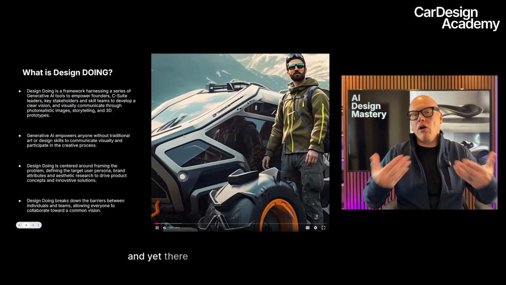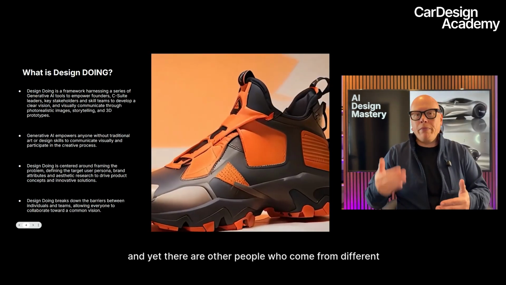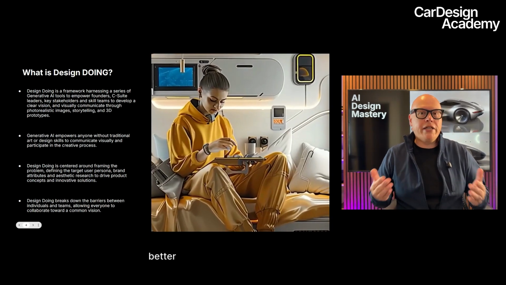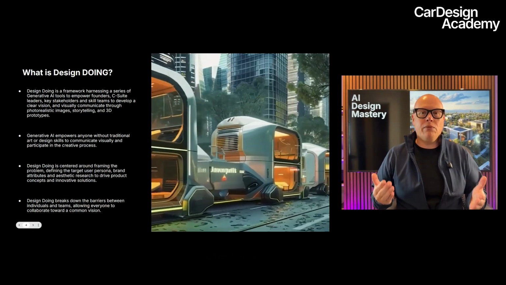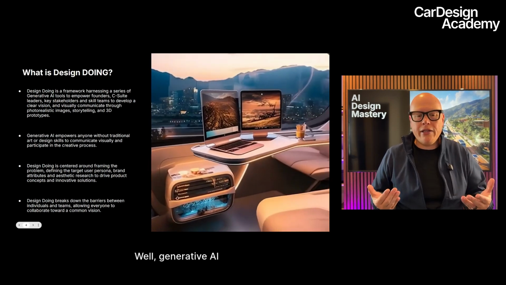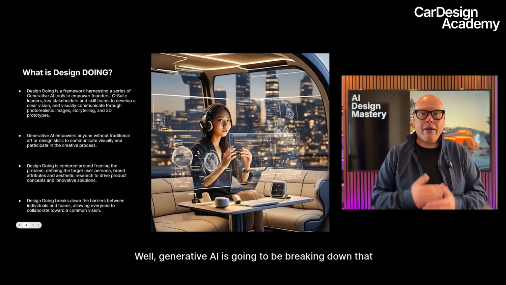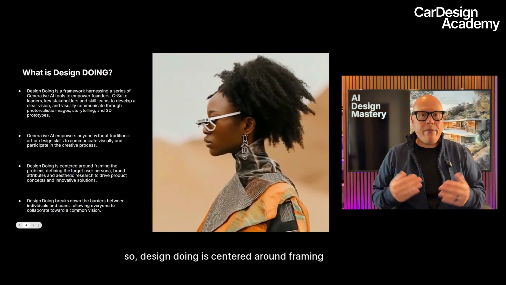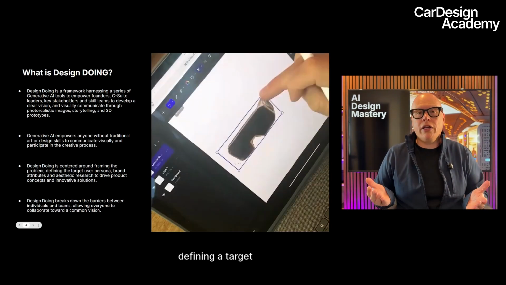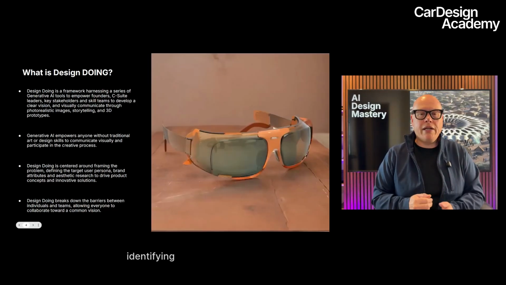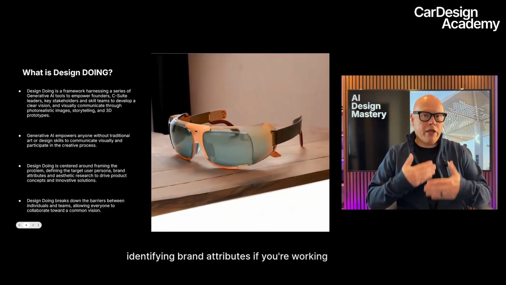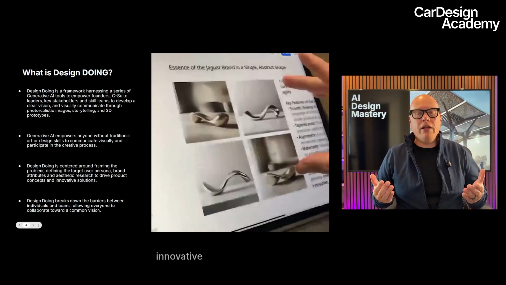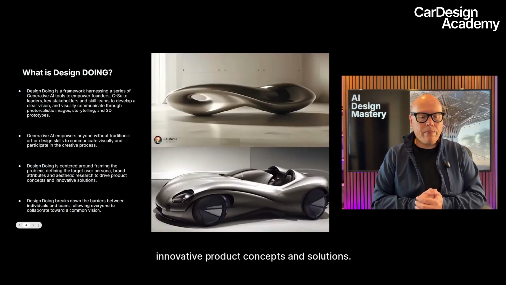And yet there are other people who come from different backgrounds and different disciplines who might actually have better taste, better vision, but lack the skills to communicate visually. Well, generative AI is going to be breaking down that barrier. And so design doing is centered around framing the problem, defining a target user or persona, identifying brand attributes if you're working towards an existing brand, aesthetic research, and then driving innovative product concepts and solutions.